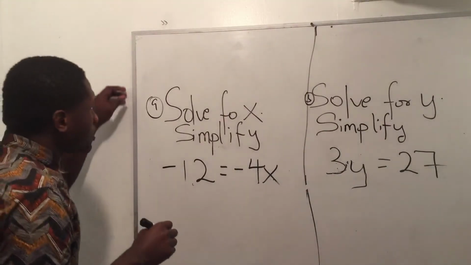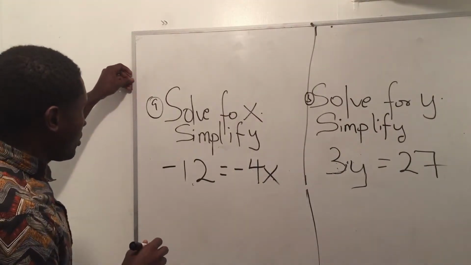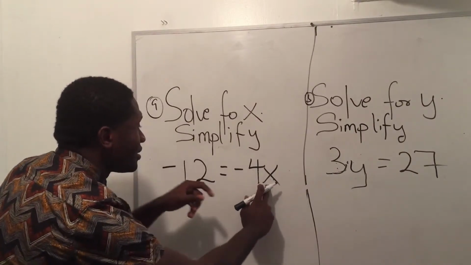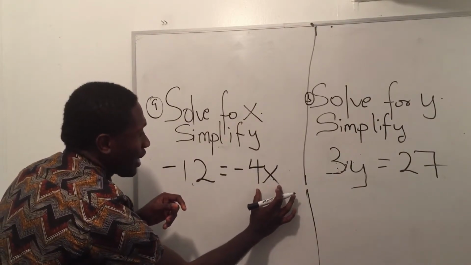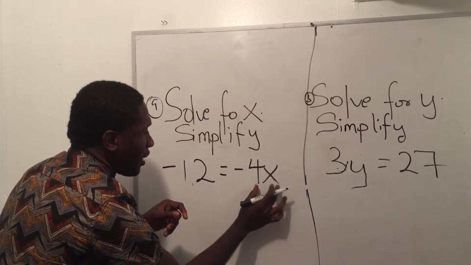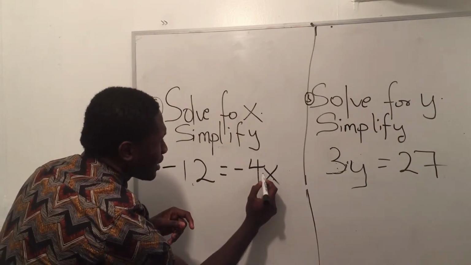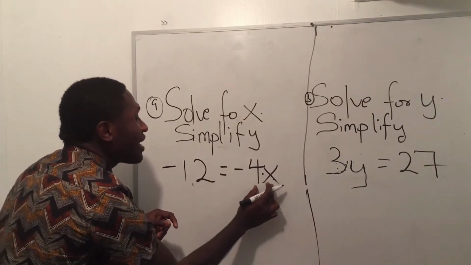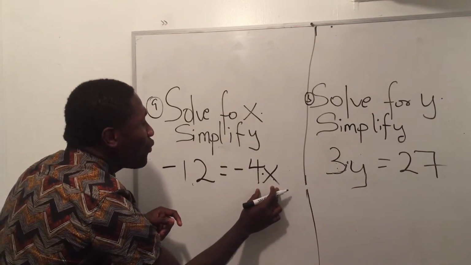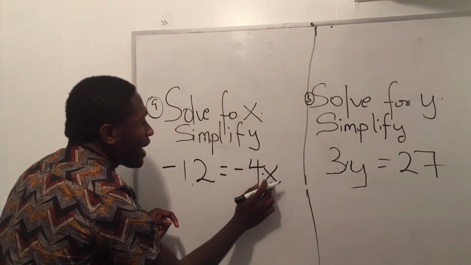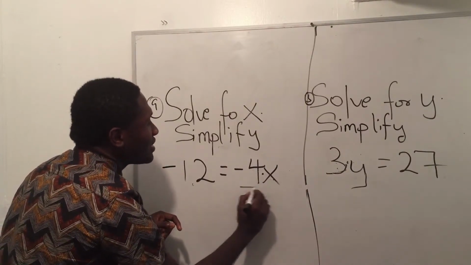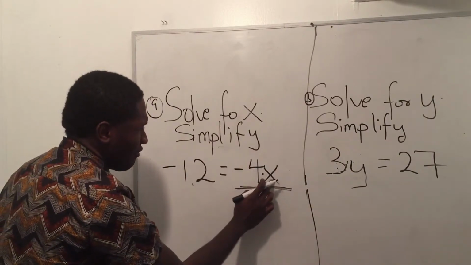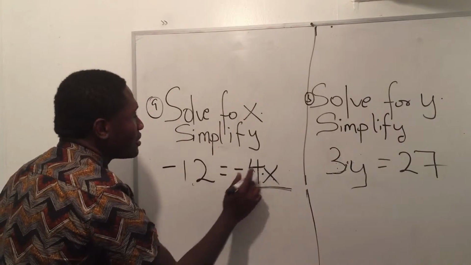So how am I going to solve for x right here? Where is the x? This is the x. Looking at how close this is, it tells me there's actually a multiplication sign between them. And when I see anything that looks like that, the only way to get this variable x by itself is to divide by the number close to the variable, which is the -4.